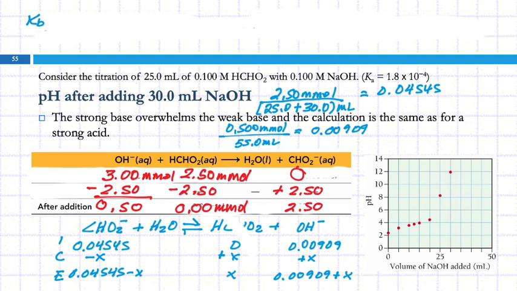So Kb is equal to x times 0.00909 plus x, divided by 0.04545 minus x. And we don't have to recalculate the Kb. That was 5.56 times 10 to the minus 11. So let's use x as small again, and these guys go away.